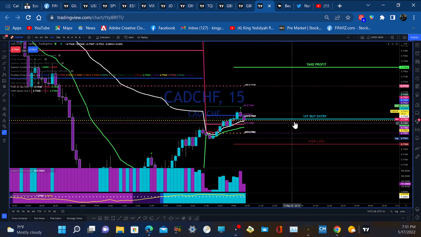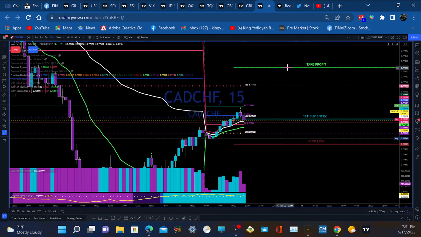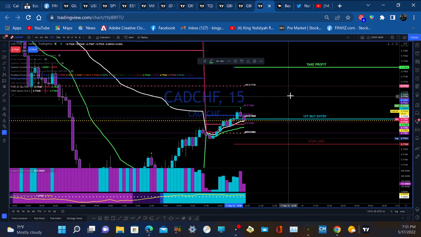This is my stop loss. This is my entry right here at 0.77618. Stop loss is at 0.7720. And take profit is at 0.77818.